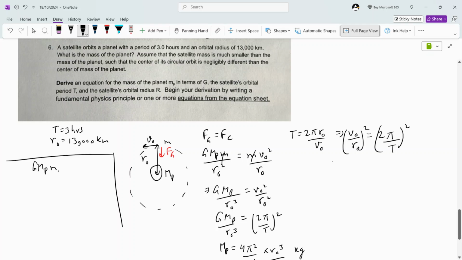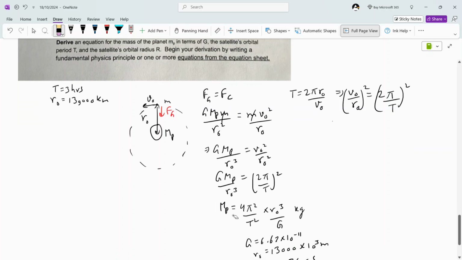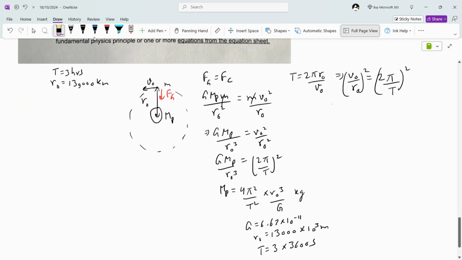G MP M. Oh, didn't we already do this? Derive an equation for the mass of the planet, not the satellite. Okay, I think we already did it. What is the equation? MP is equal to G, R, T. Yeah, I got it. I already got the equation.